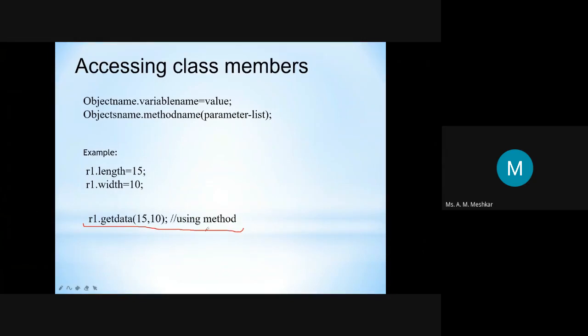So using a method, what you are actually doing, suppose we have the getData method, and the getData method contains the code of assigning the values to the length and width. We have already performed such an operation inside C++ programming also, and you know the use of the getData method. You have written the getData method, how to assign the values to the respective variables of that object. So using a method also your task can be reduced. So the same operation you can perform using a method also. So this is how you access the class member using the object name and dot operator.